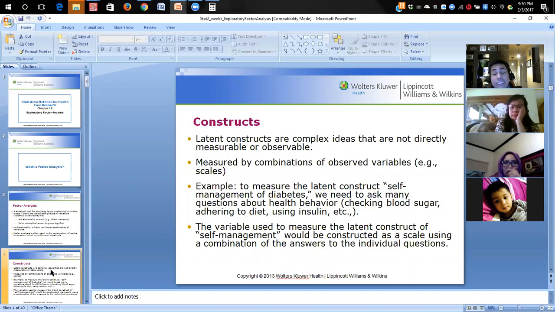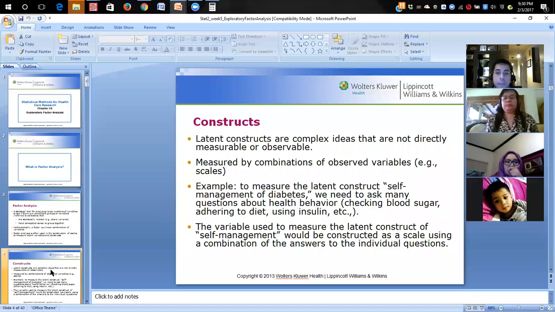But the latent constructs, latent variables, are the ones that we don't know. How are those variables that you originally proposed as groupings going to behave later on? So those are what we call latent constructs.